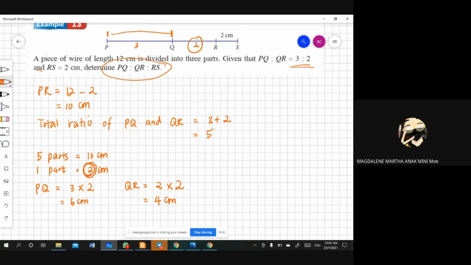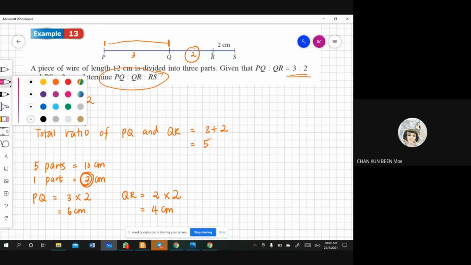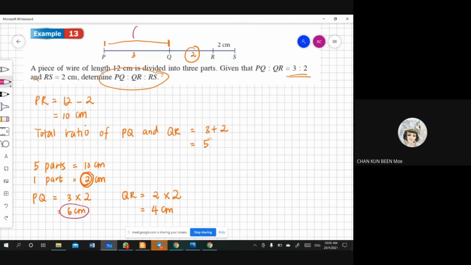Yes, I rewrite everything. I use other color right now. Okay, 6 is here, 6 centimeter. QR is 4. It is here, Q to R, 4 centimeter. And then R to S is already given 2 centimeter, this one.